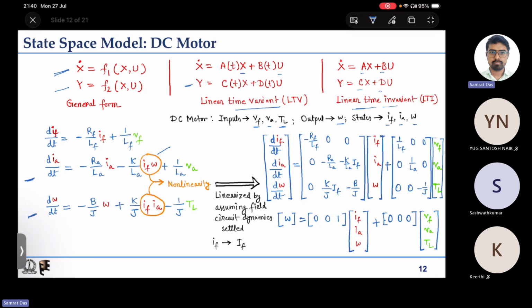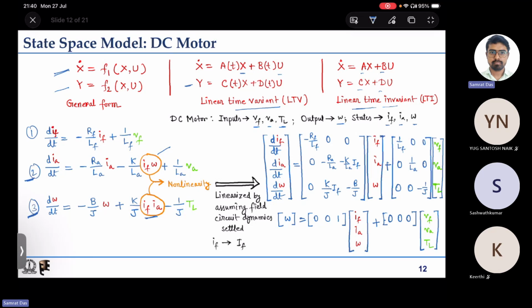And a similar thing is true for the third equation also, where the two states, if and ia, appear as a multiplication. Their product appears in the equation. So both equation 2 and equation 3 are nonlinear equations.